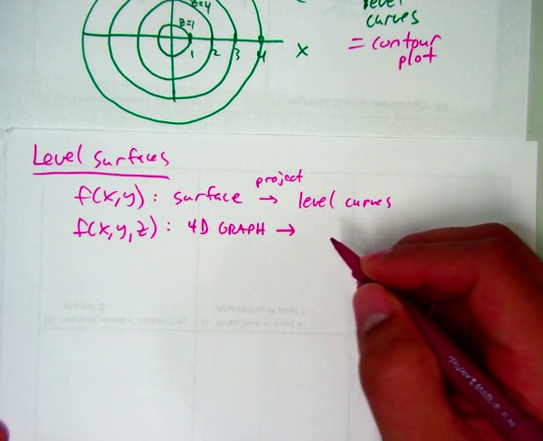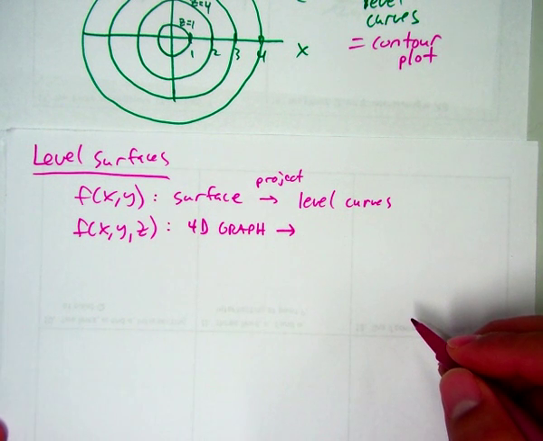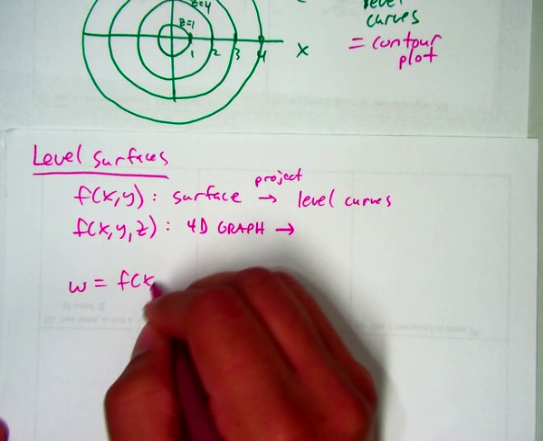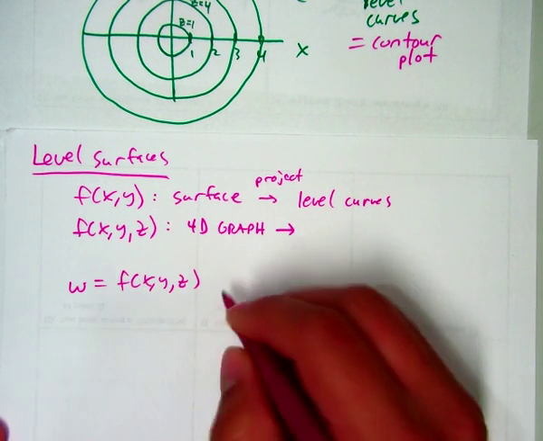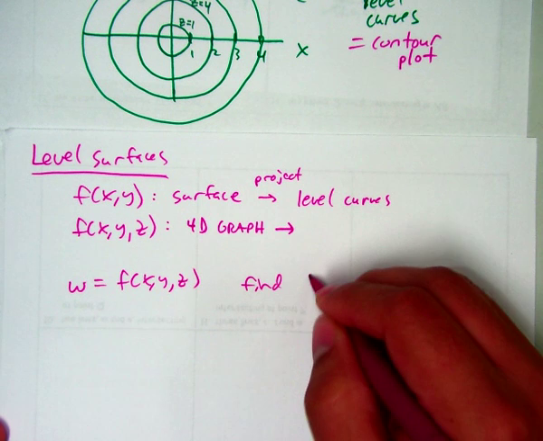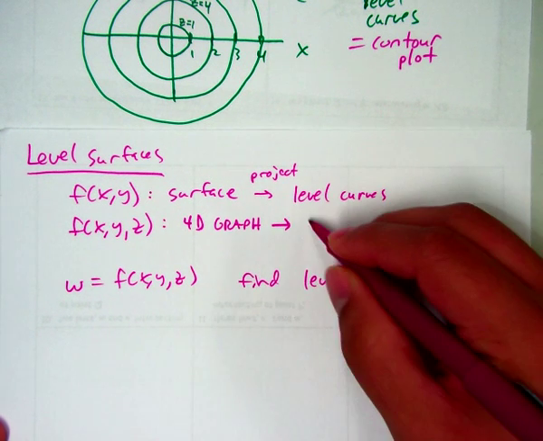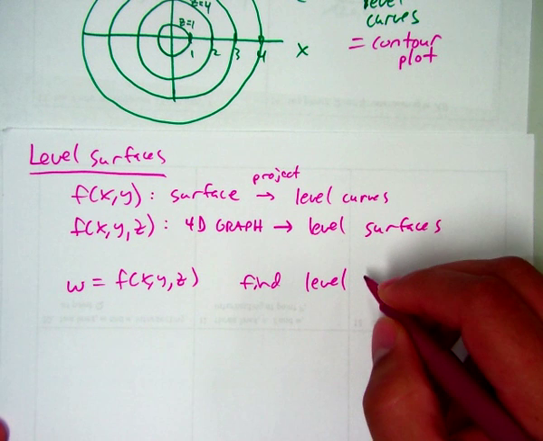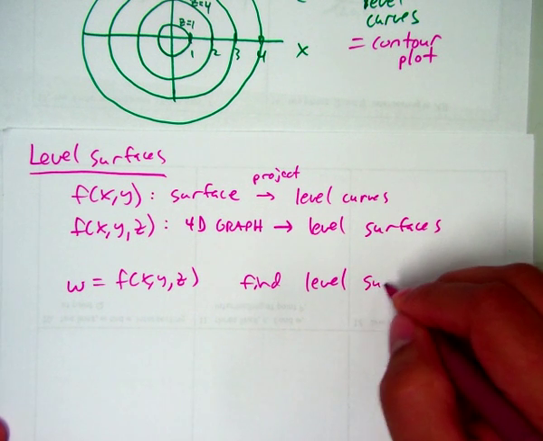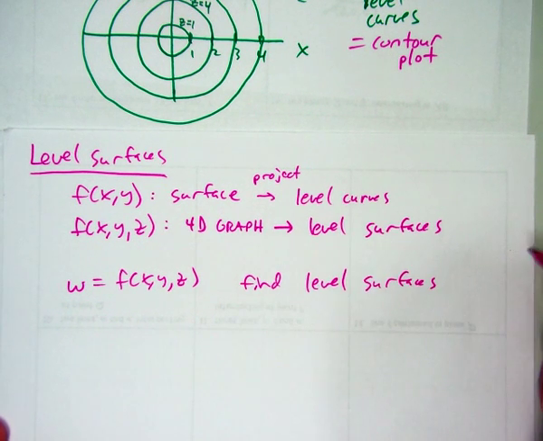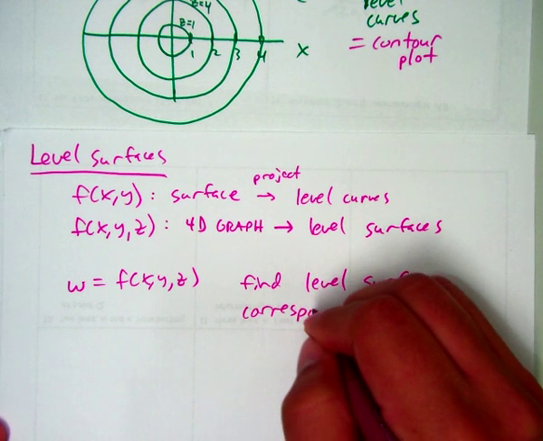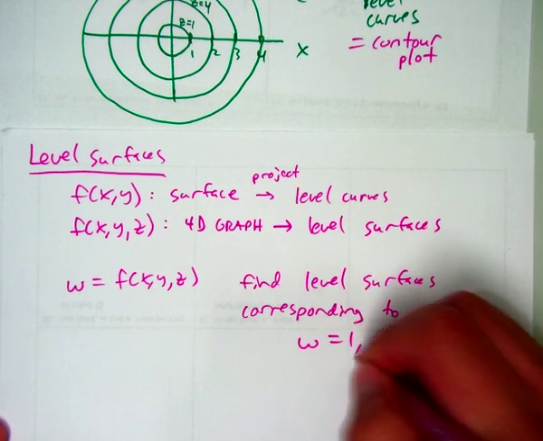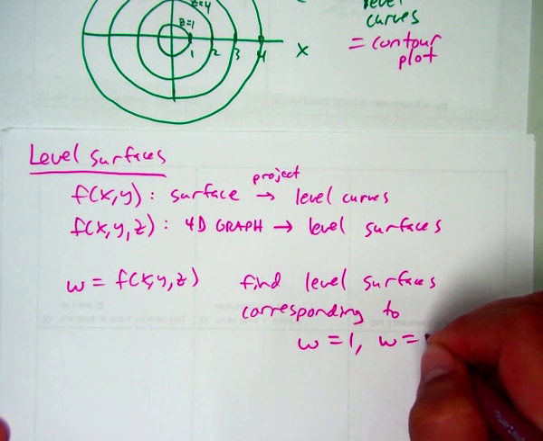However, the concept still stays the same, that if you were to set, let's say, w equals f of x, y, z, and we say find level, it wouldn't be level curves anymore, they'd be level surfaces corresponding to, let's say, w equals 1 and w equals 2.